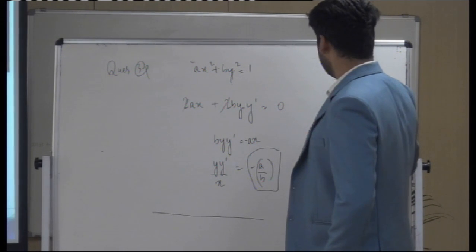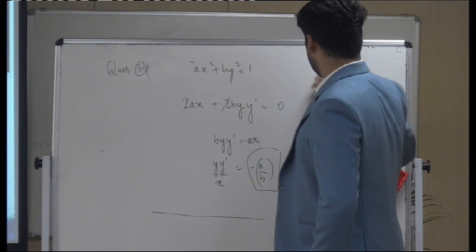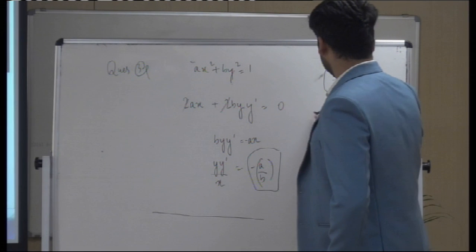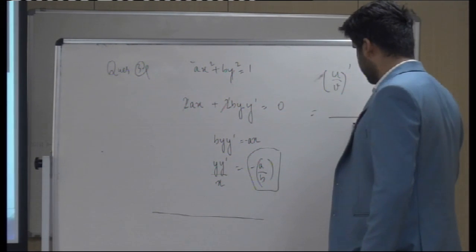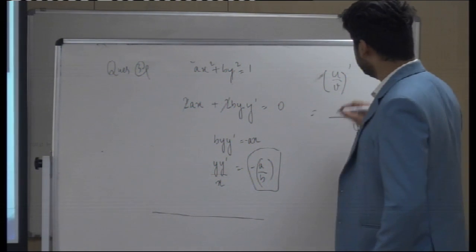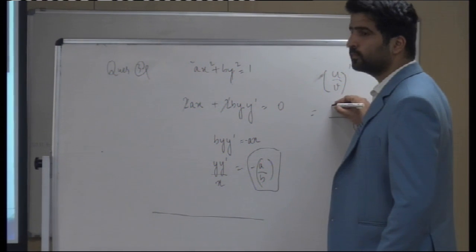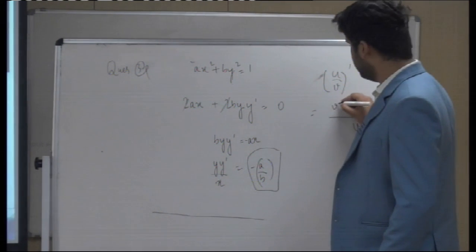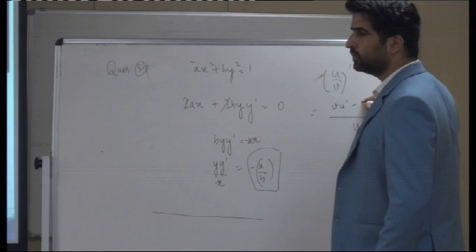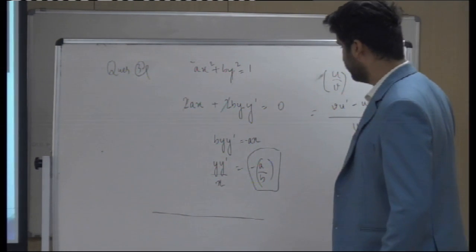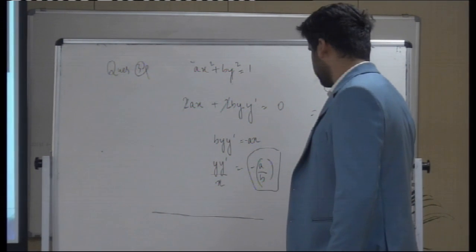So u upon v rule says that in the denominator we have v square, and on top v u dash minus u v dash, right? So this is equal to 0, this is for sure.